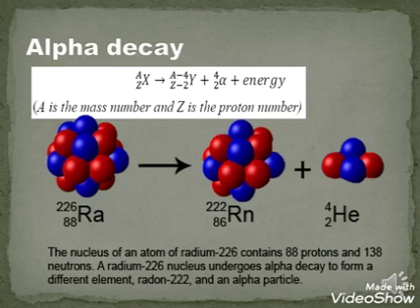After alpha decay of radium-226, it yields radon-222 and an alpha particle, which is represented by the helium atom in the equation having 2 protons and 4 nucleon or mass number.